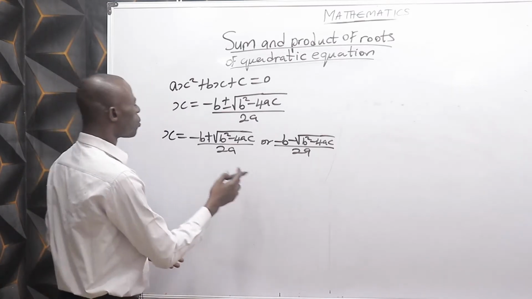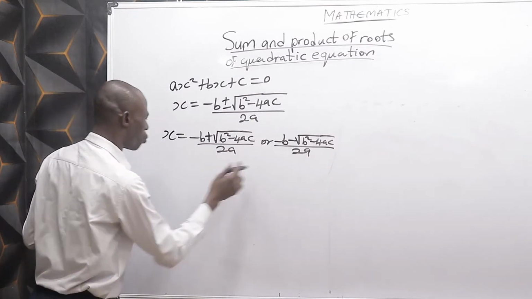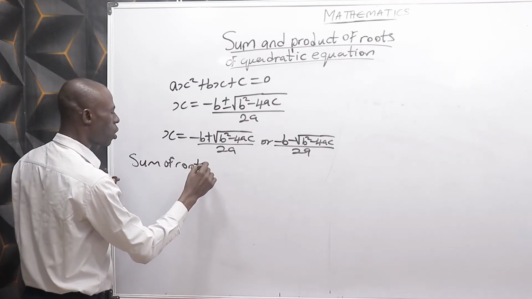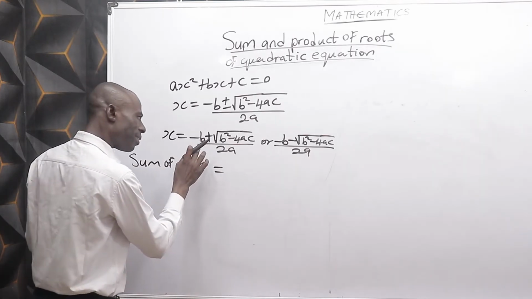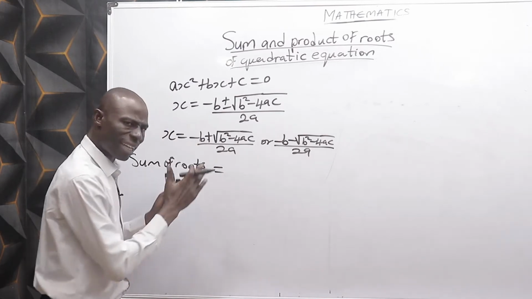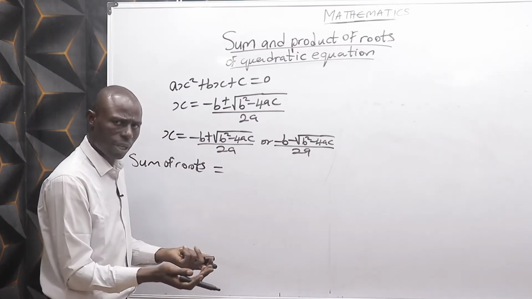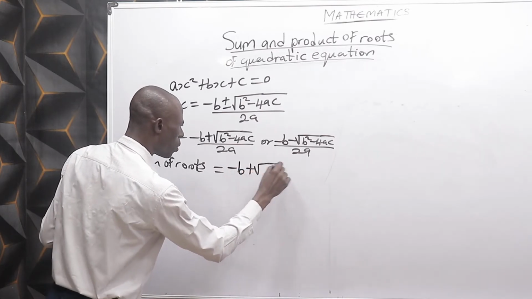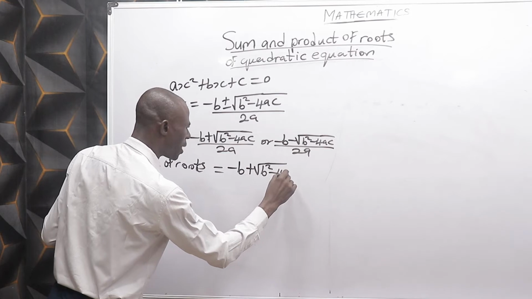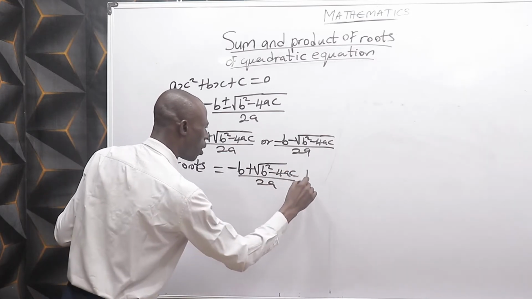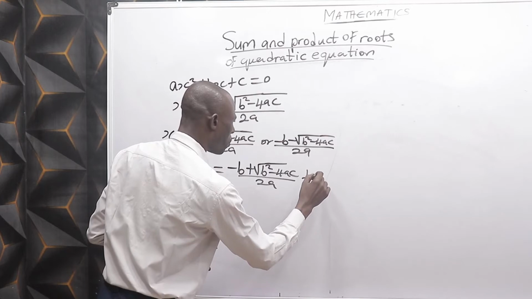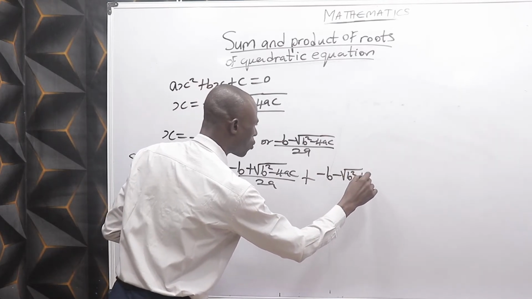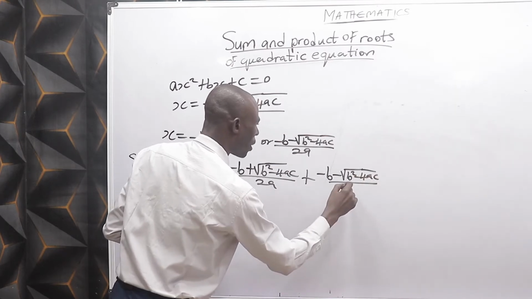Now, to find the sum of these roots, the sum of roots is this and this added together, sum, as the name connotes. That is minus b plus root b squared minus 4ac over 2a, plus the other root, minus b minus root b squared minus 4ac over 2a.